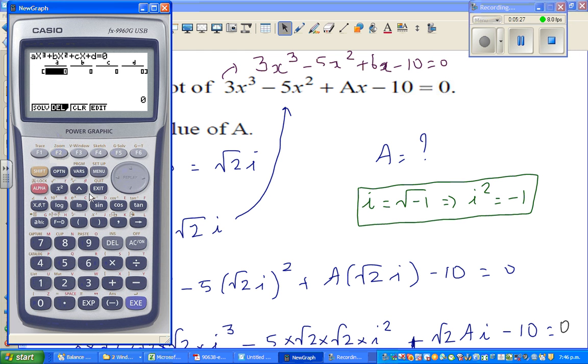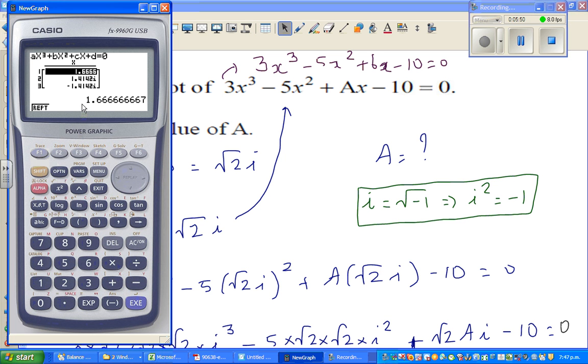Press F2. A is the coefficient of x cubed, which is 3. Enter. B is the coefficient of x squared, which is minus 5. C is 6, and D is negative 10. You enter just like that, and you go solve.